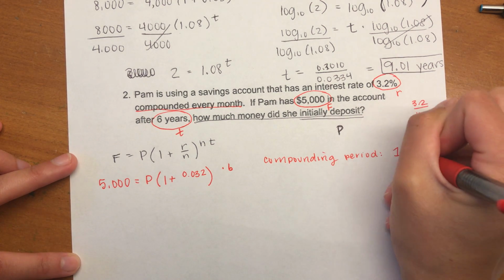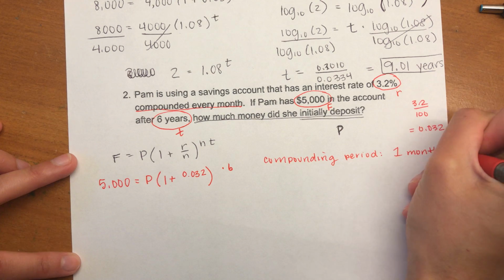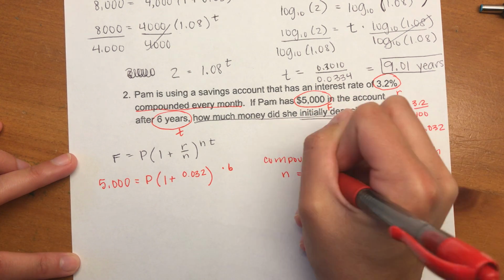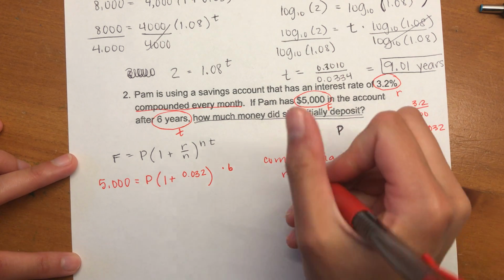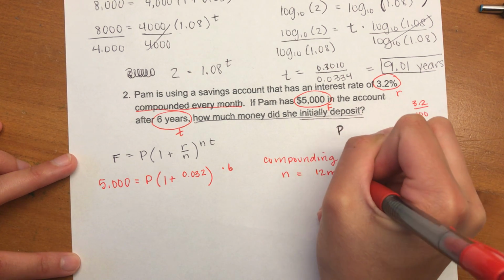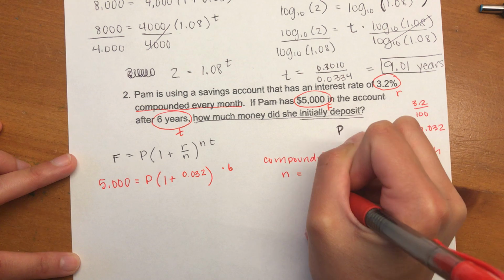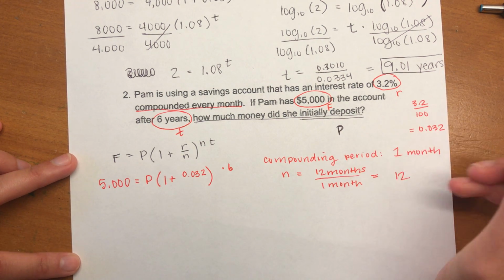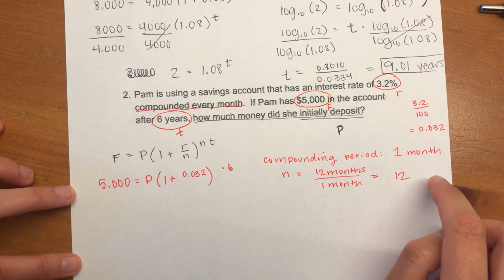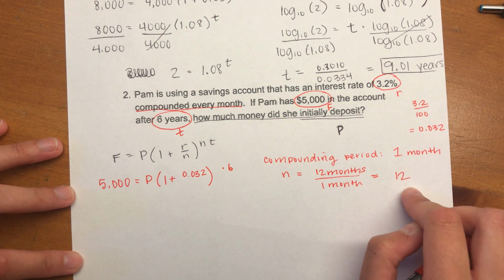is 1 month. So then my N value would be how many months fit into 1 year, right? So if 1 year is 12 months, and we have a compounding period of 1 month, that means there are 12 months in a year, right? So we have 12 as our N value.